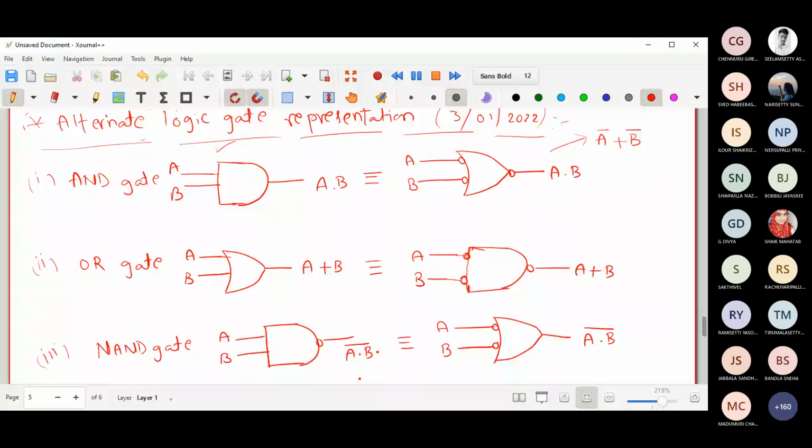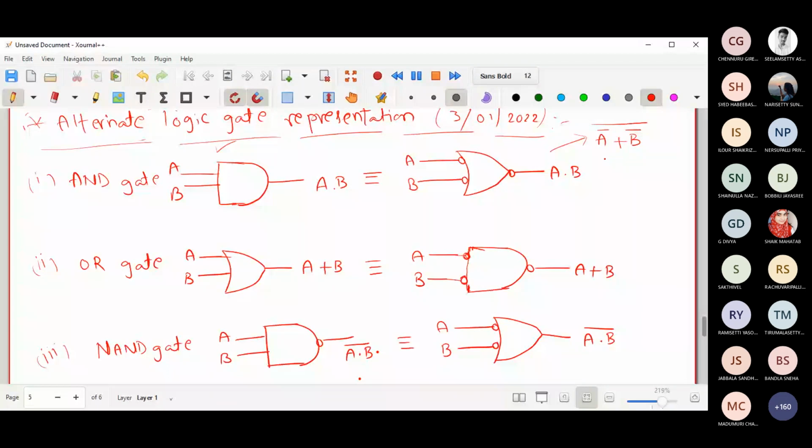A bubble is nothing but an inverter. So for the A input, the bubble gives A bar, plus B bar, and the bubble at the output is the whole complement.